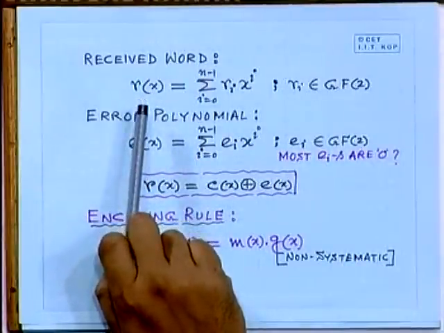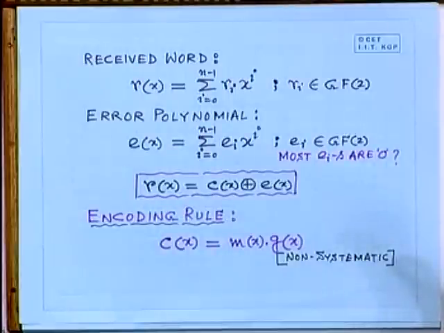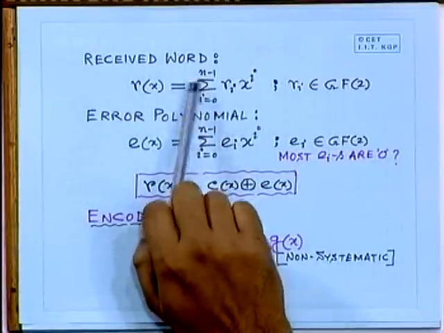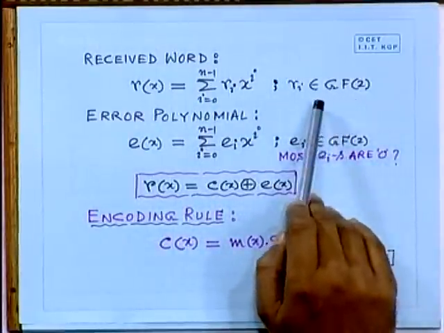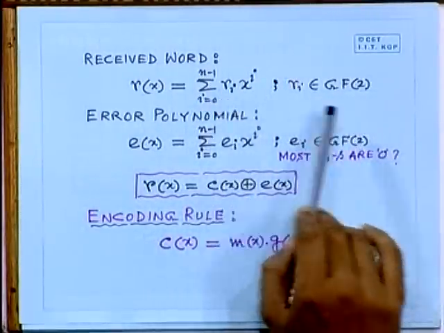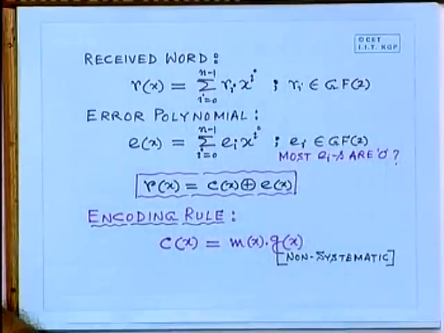So at the input to the decoder in the receiver chain, I can write the input in polynomial form, a group of n received bits, as the summation of r_i x to the power i, with i varying from 0 to n minus 1. And because the code is binary, these r_i's also have to be binary. So I must receive either 1 or 0, nothing different.